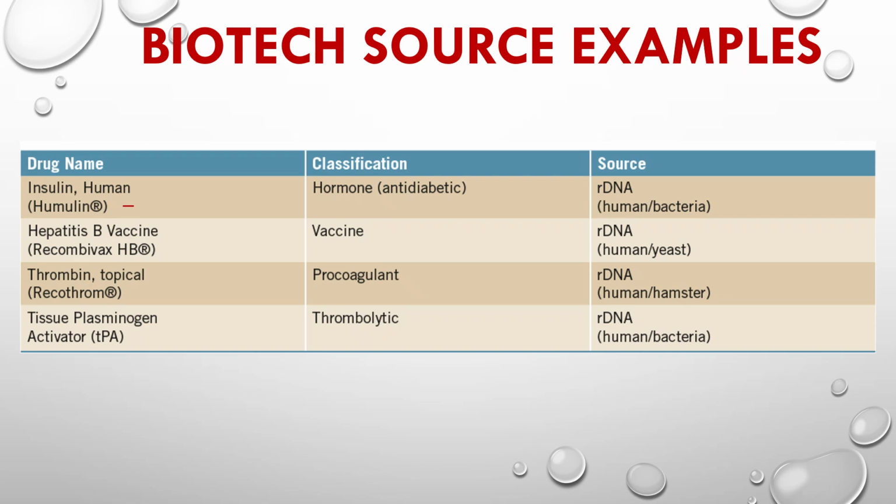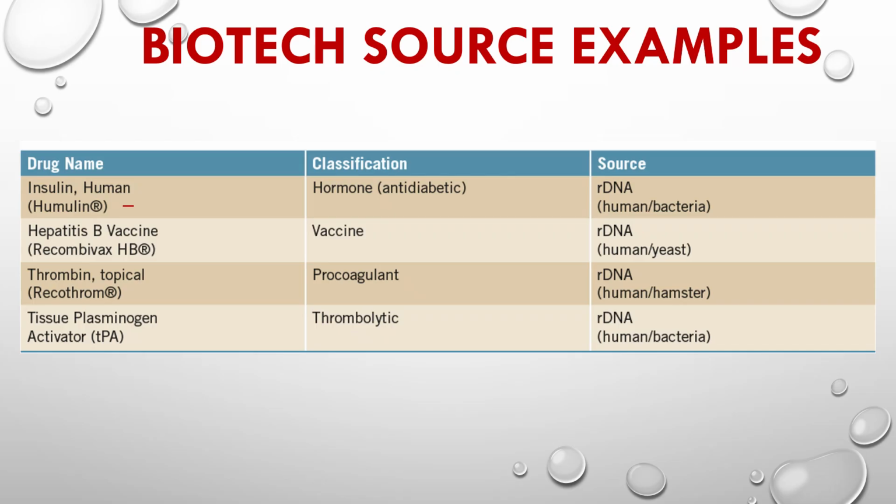Bacteria don't make insulin because they don't have blood sugar that they control. But those bacteria are genetically engineered to produce insulin. And bacteria reproduce like crazy, so they mass produce insulin, and then it gets purified. Again, the bacteria is broken down, it's killed. Only the insulin is extracted from that and then injected into the patient.